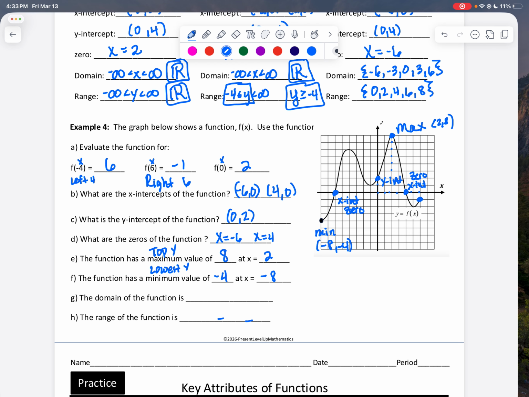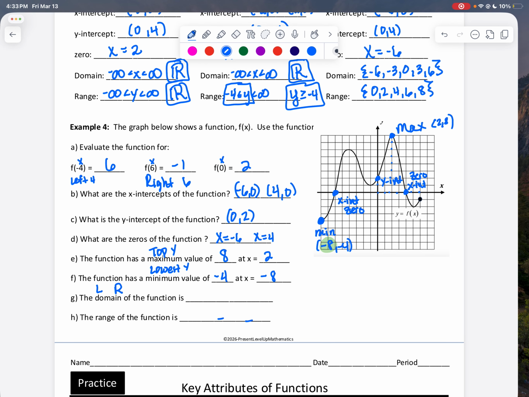That's our minimum value. So for the domain of the function, we want to go left to right. So here is our point on the left. We want the x value of that point. And then we need the point that's all the way on the right. That would be right over here.